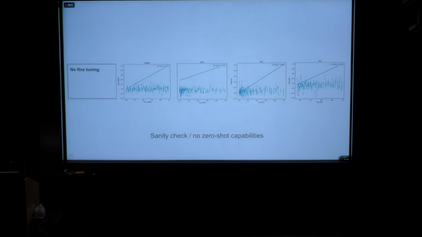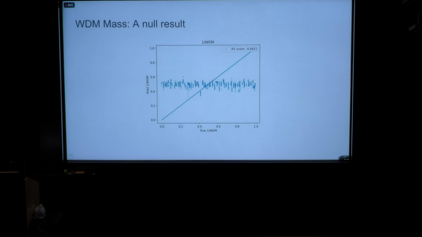And these plots show that if we just pass all of our simulations through the model, it cannot predict anything, which is a good sanity check to do. And we find that these models cannot infer any warm dark matter mass just from the gas density projection of the Milky Way like simulations.